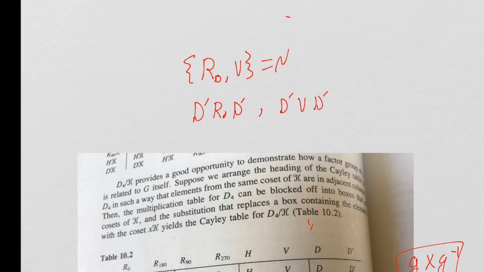Well, this, of course, is just R0, right? But this is D prime V D prime.